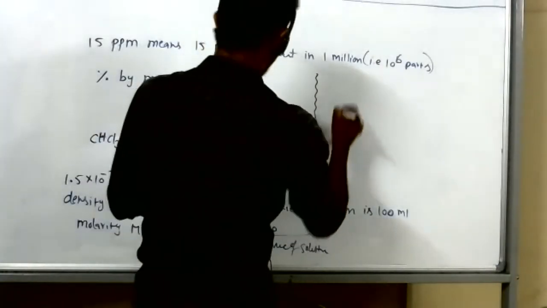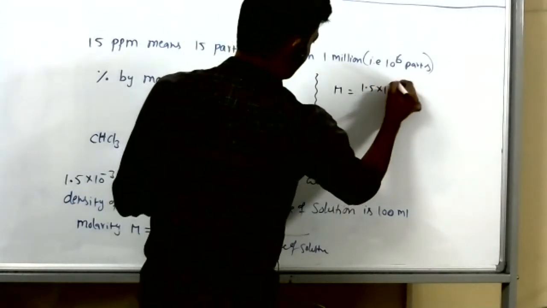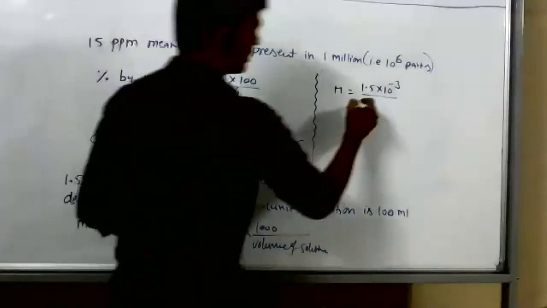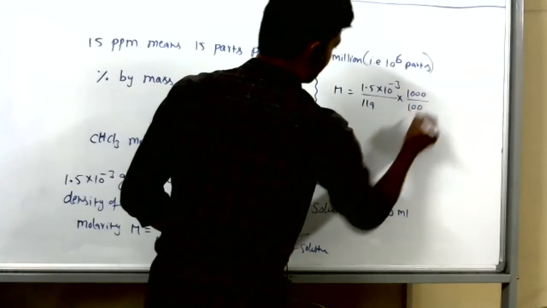Mass of solute is 1.5 into 10 power minus 3 divided by molar mass 119 into 1000 by 100.